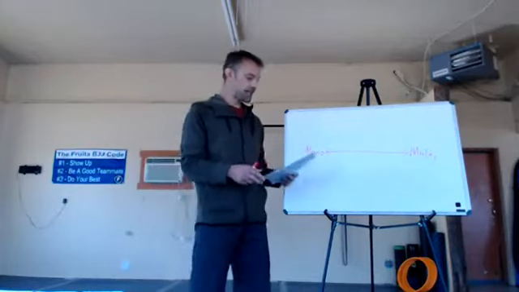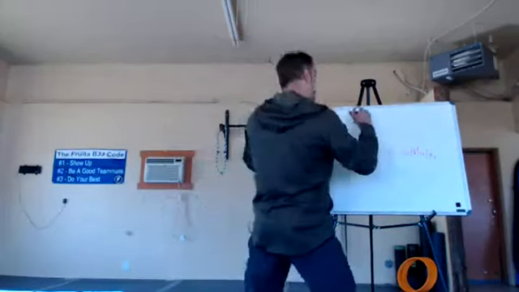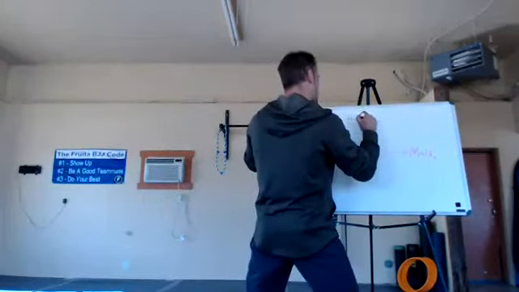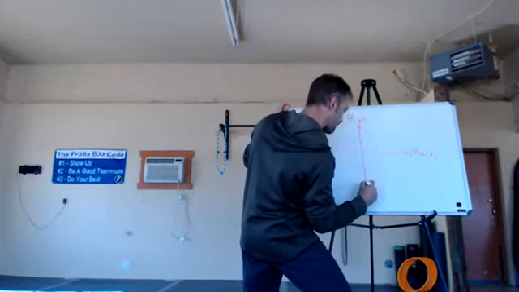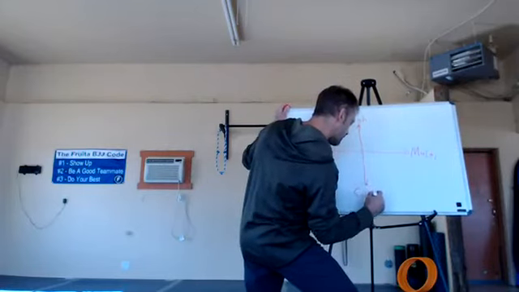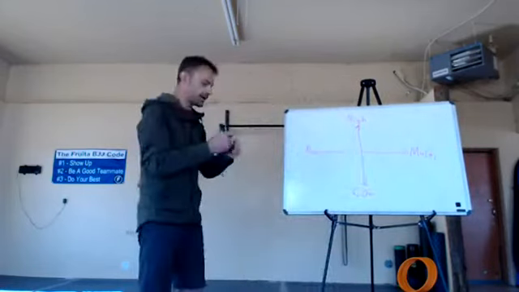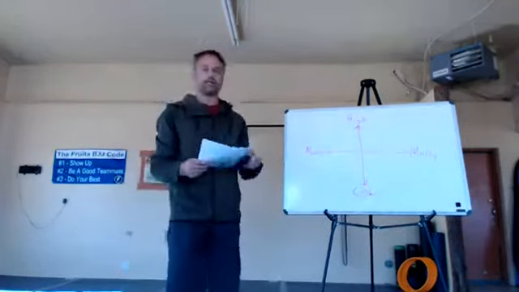The next one is going to be high tension and low tension movement. Okay, so up here we're going to have high, and down here we'll have low. And so again, low tension and high tension movement.